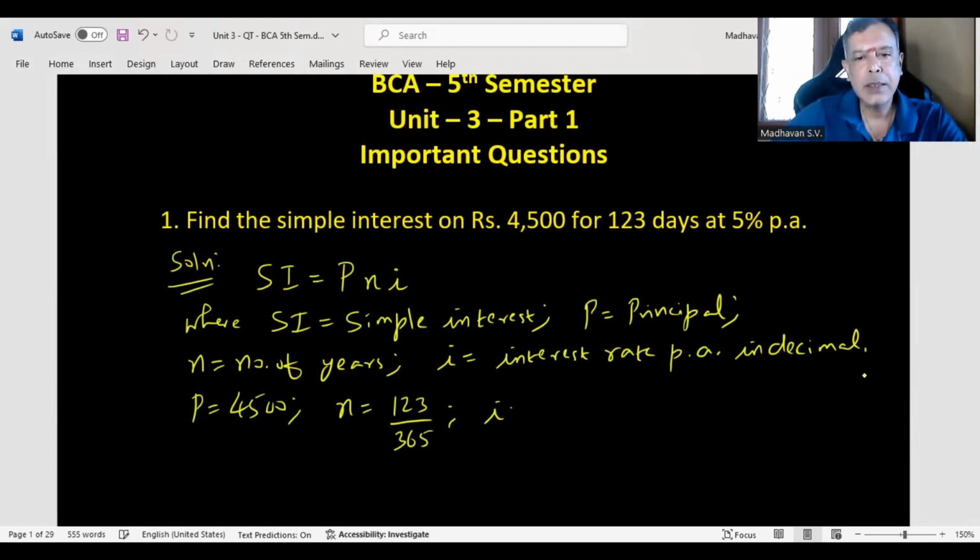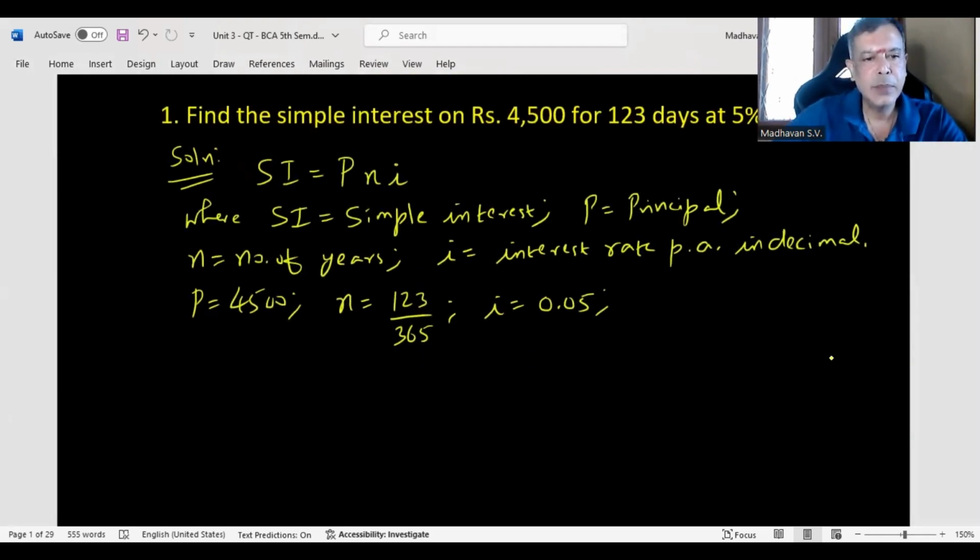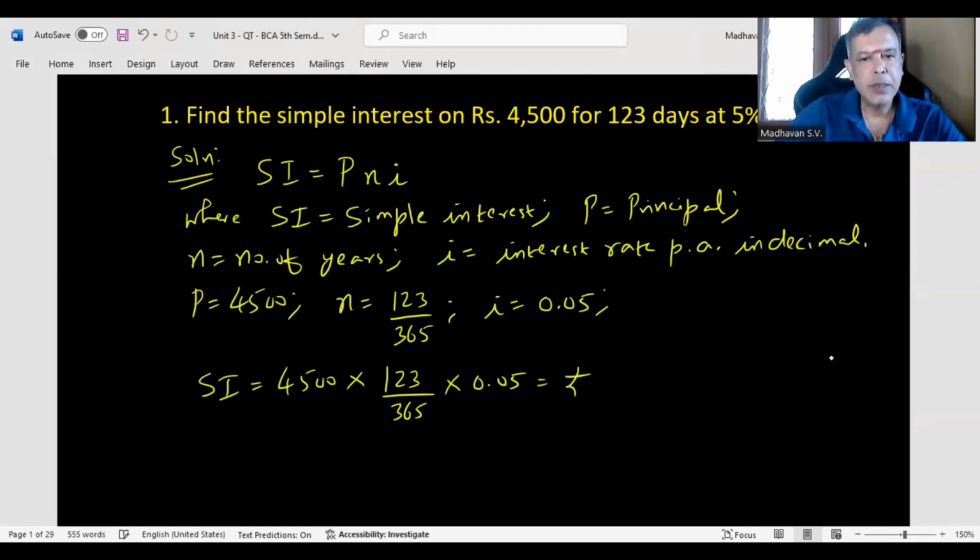So I is 0.05. Now that we have all the values, let us calculate simple interest. SI is equal to 4,500 multiplied by 123 divided by 365 multiplied by 0.05. If we calculate that, we will get rupees 75.82. That will be the result.